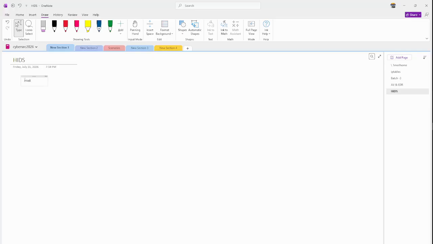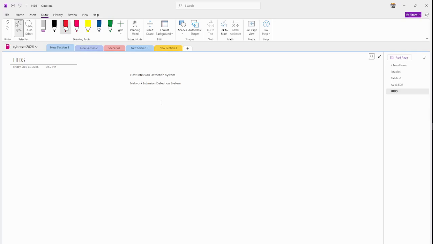Host intrusion detection system, and there is a network intrusion detection system. So there are two parts. We will look into one part here, HIDS, the host intrusion detection system.